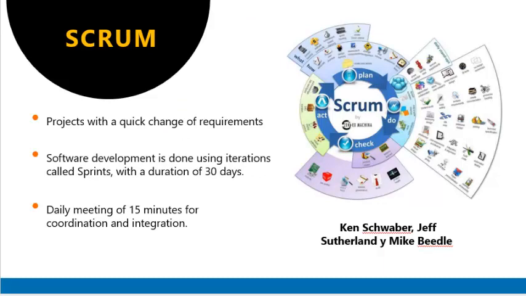The next methodology is Scrum. In this, the project has a quick change of requirements. The software development is done using iterations called sprints with a duration of 30 days.